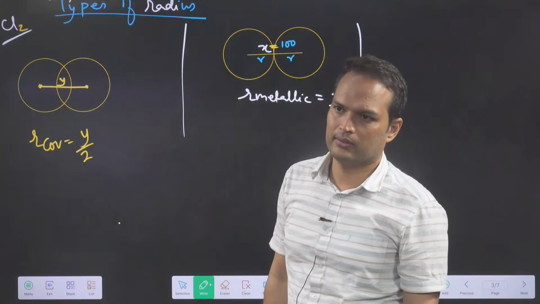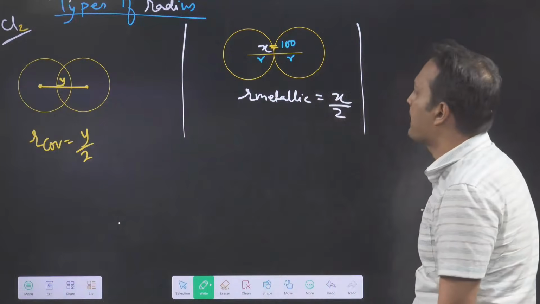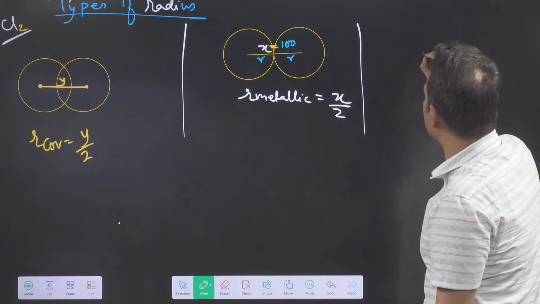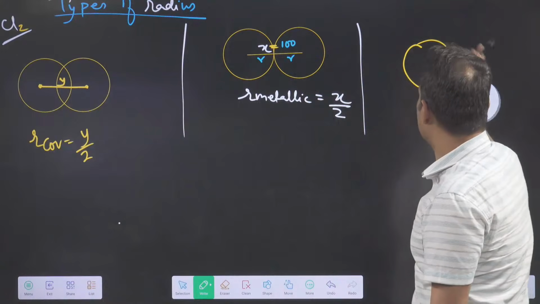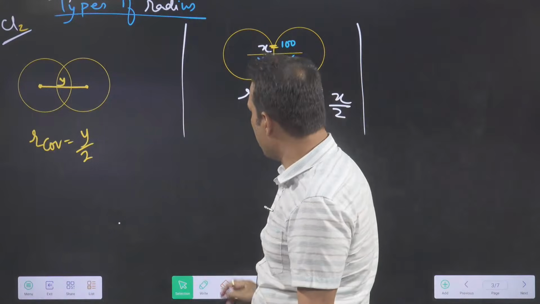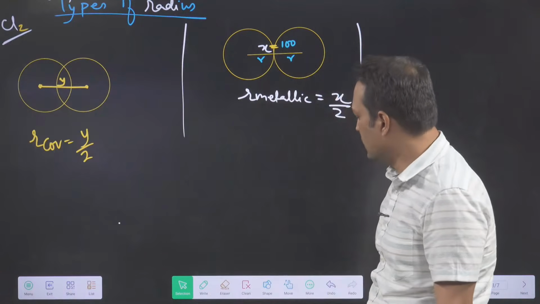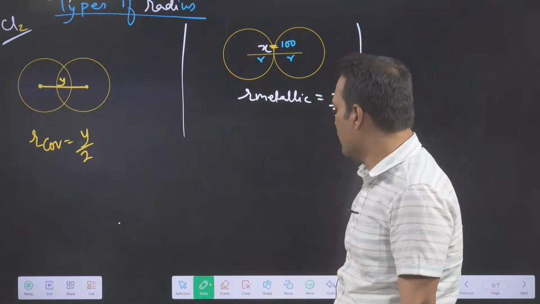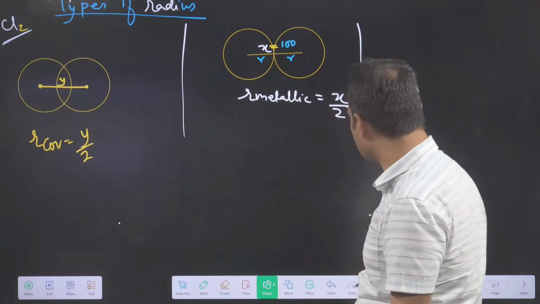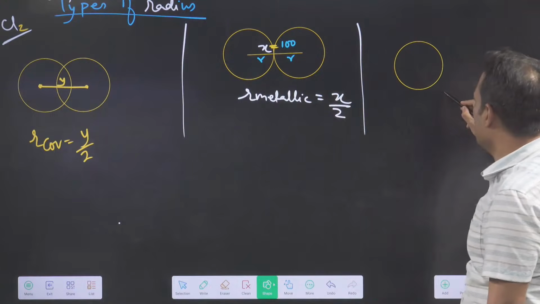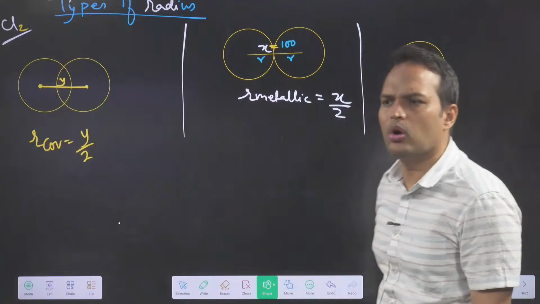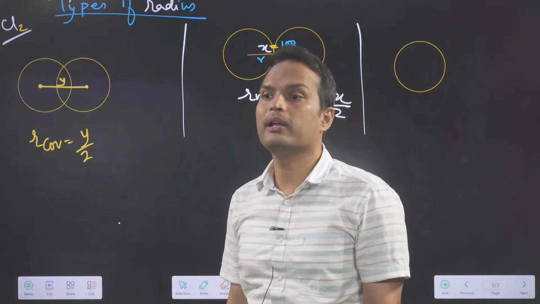Overlap is happening. Then there is a third case, the van der Waals case. What is van der Waals? Generally we use it in terms of noble gases.